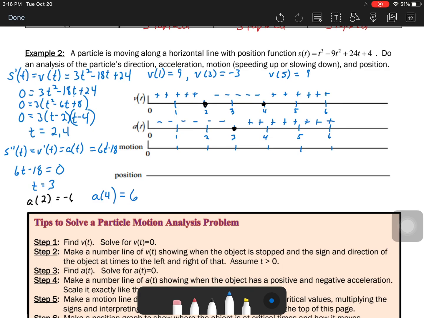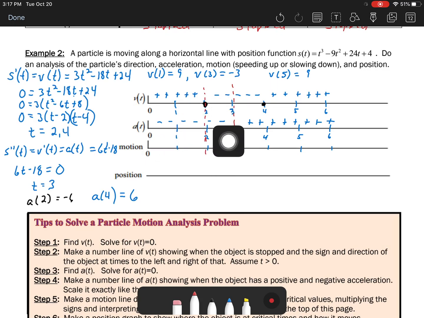Now we're talking about the motion. What's the motion change going to be? What I want to compare is these values, because wherever there's a change, I'm looking at positives and negatives and where those change. Here I've got positive velocities and negative accelerations.